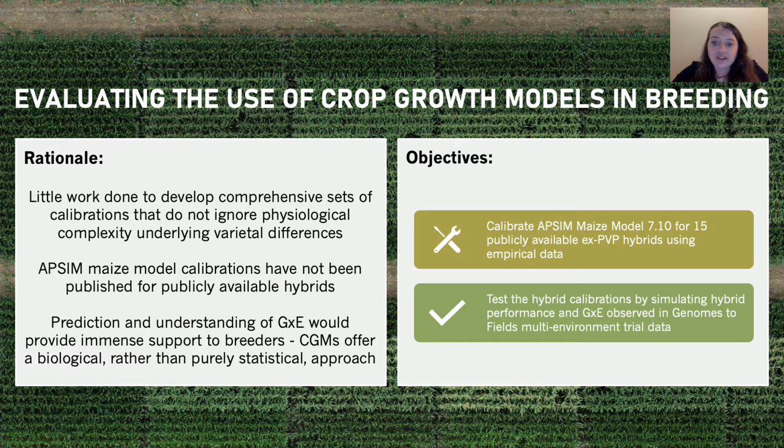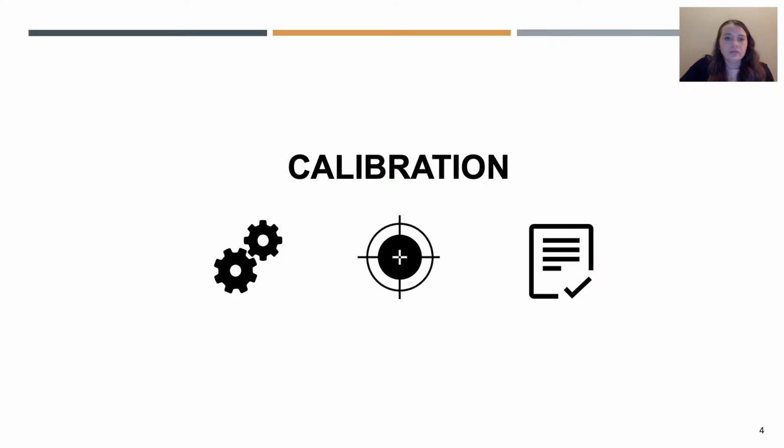So the overall objectives of my work have been first to calibrate the APSIM Maize model for 15 XPVP hybrids using empirical field collected data and evaluate what data is needed to obtain adequate calibrations and simulate varietal differences, and then validate or test the calibrations using G2F performance data of these 15 hybrids grown in diverse environments and evaluate whether we are able to simulate the performance and the G by E observed in such trials.